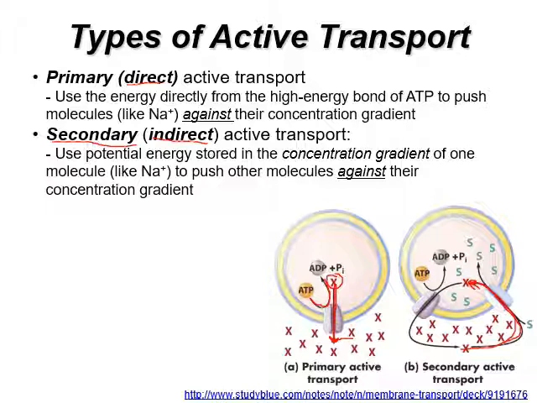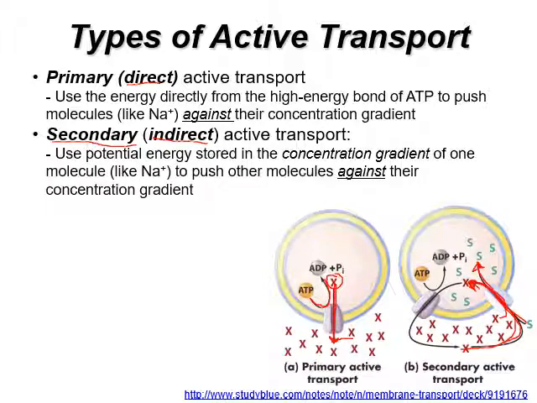This molecule wants to go in this direction, so that creates energy. And in this case, for secondary, the energy from X moving down its concentration gradient from high to low is going to help move S here from low to high against its gradient. So instead of coming directly from ATP, the energy being used to move the molecule S against its concentration gradient is using the energy from X moving from high to low.